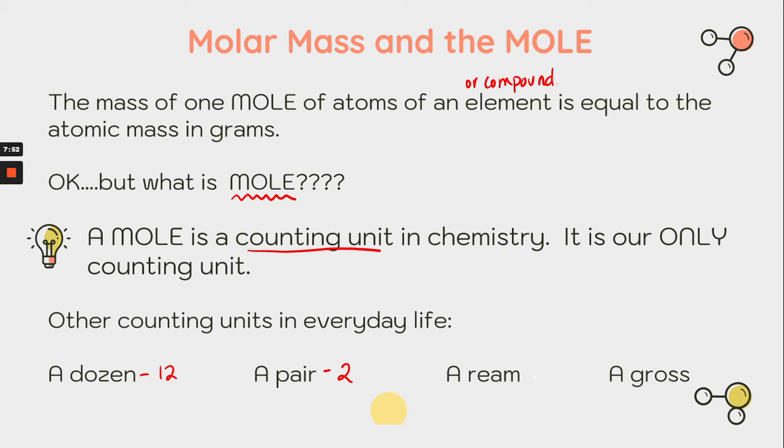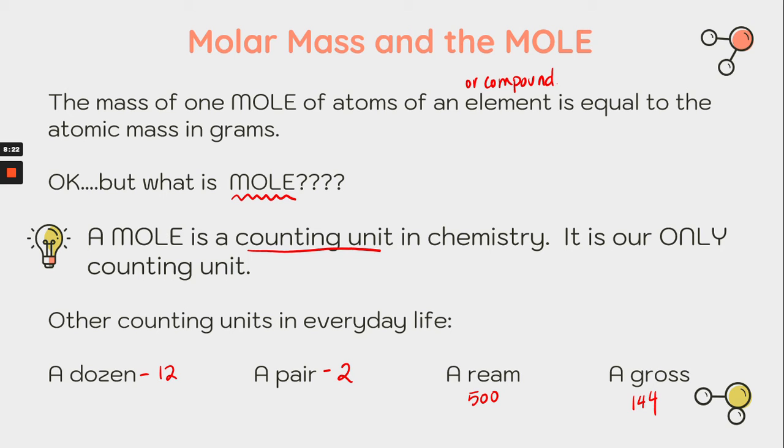Now, as a teacher, we use a lot of paper, so I know that a ream of paper is 500 sheets of paper. You might use reams for other things, but usually it's paper, as far as I know, but it's 500 sheets. Okay. Another thing that's used is something called a gross. A gross is 144 of something. Right? So if you buy a gross of something, you're buying 144. It's 12 dozens. So again, these are counting units from everyday life.